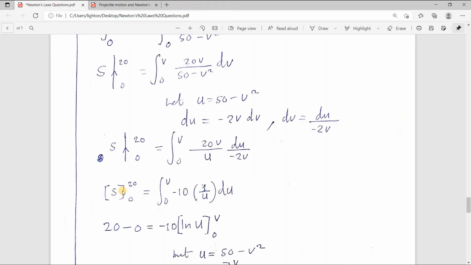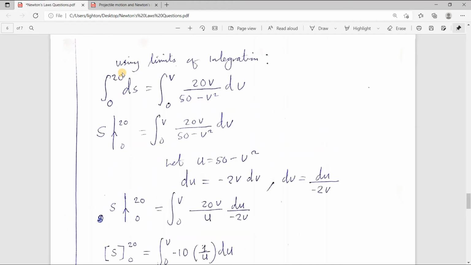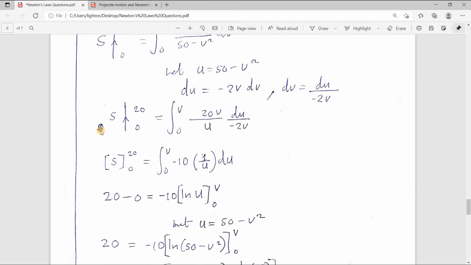Now here, the left side, we know that integrating here we had integrated the s, we found s, which is the displacement. Now substituting the upper minus the lower, lower to upper limit, we have 20 minus 0.